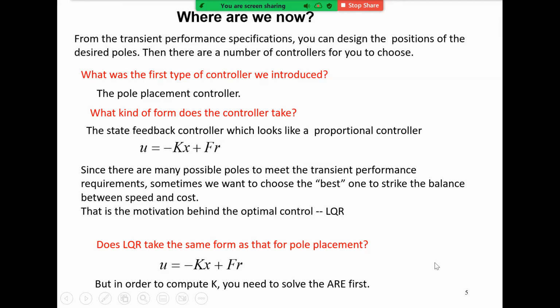And for each Q and R, if you do it by hand, of course, it is quite tedious. For that matter, you can use the LQR in the control system toolbox to speed up the search time. But when you finally find something that works, you find the proper values of Q and R.